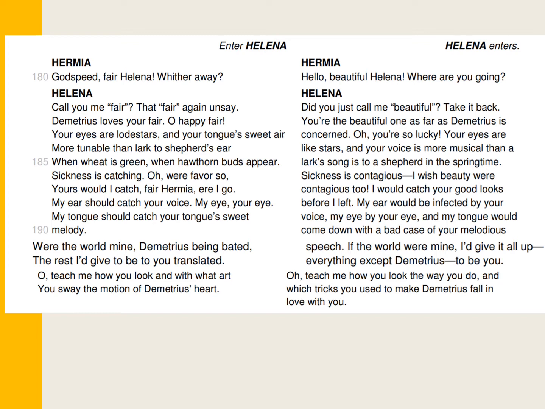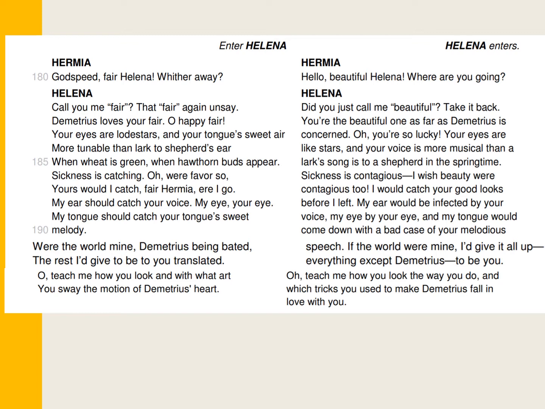Oh, were favours so yours, would I catch fair Hermia? Ere I go, my ear should catch your voice, my eye your eye, my tongue should catch your tongue's sweet melody. Were the world mine, Demetrius being baited, the rest I would be to you translated. Oh, teach me how you look, and with what art you sway the motions of Demetrius's heart.